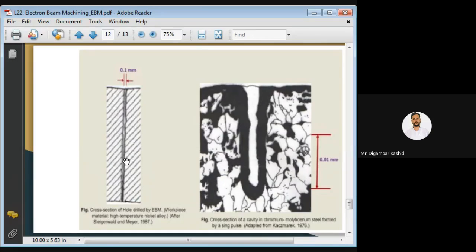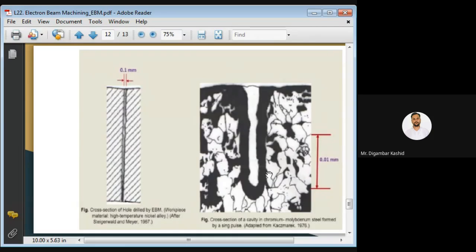Cross section you can see. This diagram is quoted by one of the authors, from a 1967 paper, and another one is taken from a 1976 paper. Here I have shown the cross section of the cavity made in chromium molybdenum steel by a single pulse.